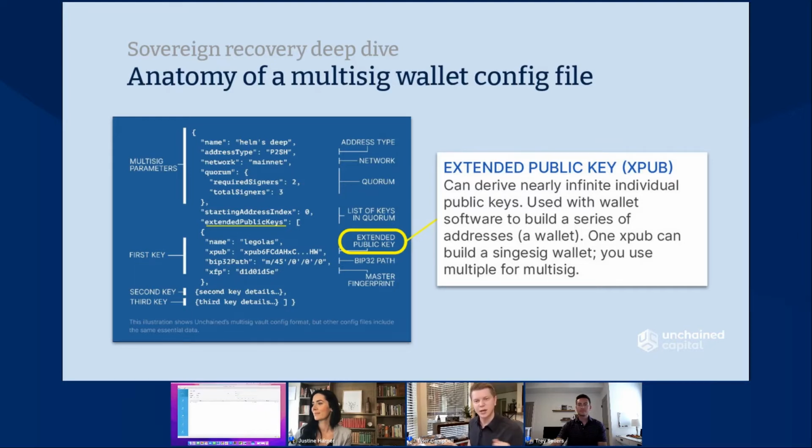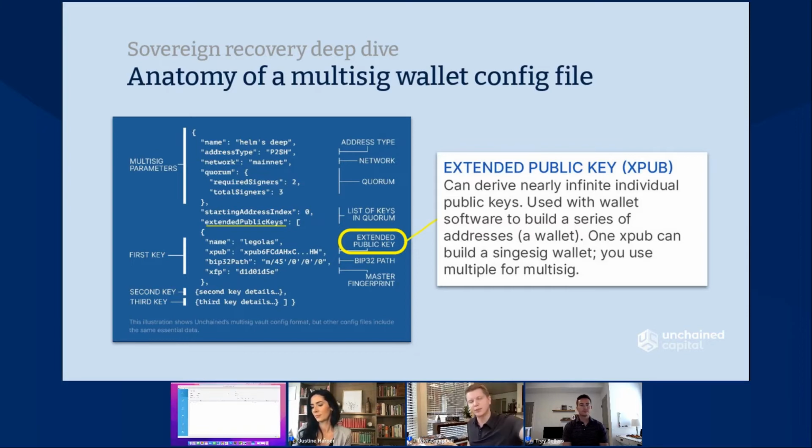But in multi-sig, with multiple XPubs, one from my Coldcard, one from my Trezor, one from my Ledger, I get to build my multi-sig wallet. So this wallet configuration file, this treasure map, contains all 3 XPubs, all 3 extended public keys that I shared with Sparrow to build my 2 of 3 multi-sig. The extended public keys are listed there in order.